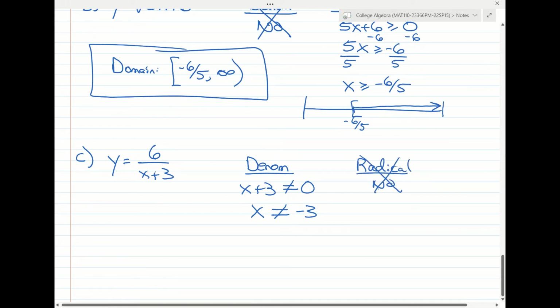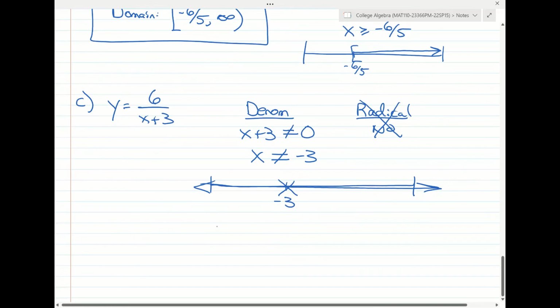The way that we graph this, the domain would be any number on a number line, except it can't be negative 3. It could be any other number, but it just can't be negative 3. So the way that we would write this, we would say from negative infinity to negative 3, in union with negative 3 to positive infinity. That's saying any number except negative 3.